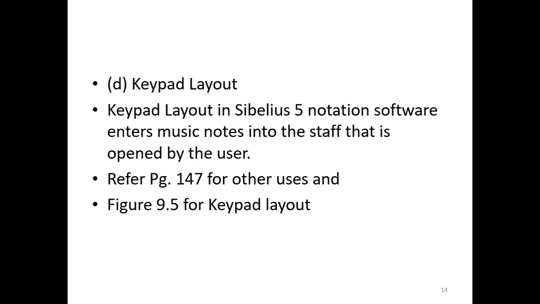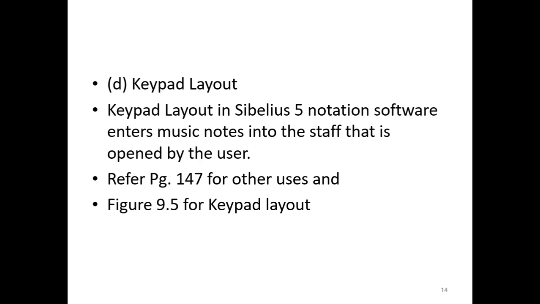And then you have the keypad layout. The keypad layout in Sibelius 5 notation software enters music notes into the staff that is opened by the user. The staff means those 5 lines in your music score. On those 5 lines only you write the notes.